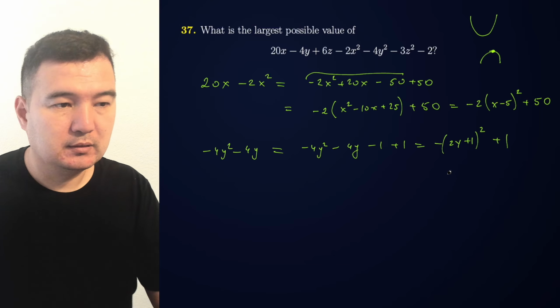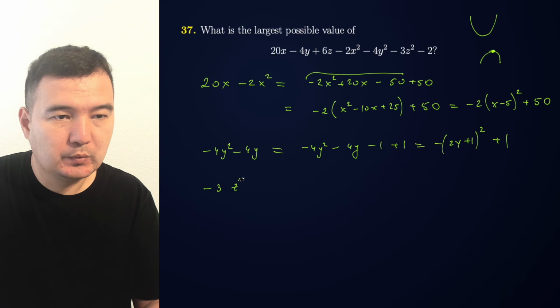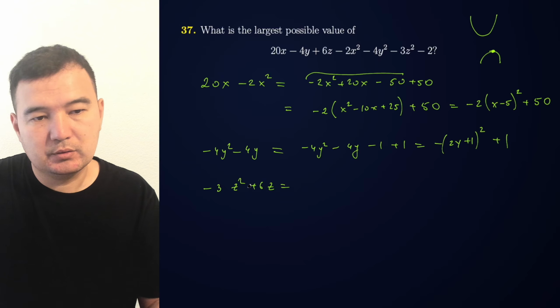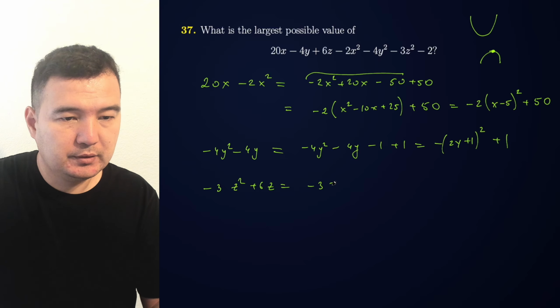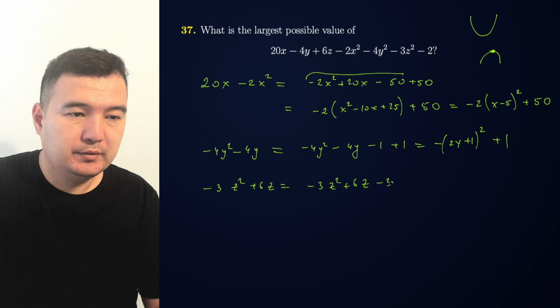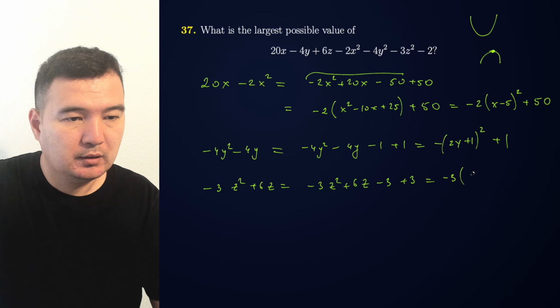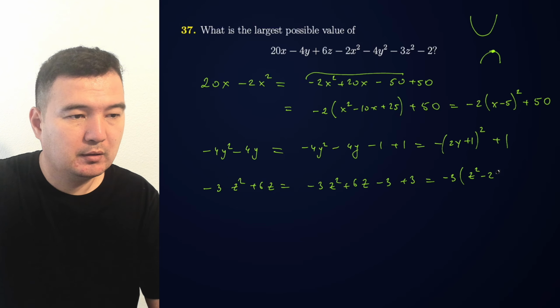And then the last one: minus 3z squared plus 6z. Here, probably that's minus 3 plus 3, because when I take out the 3, I will have this expression plus 3.